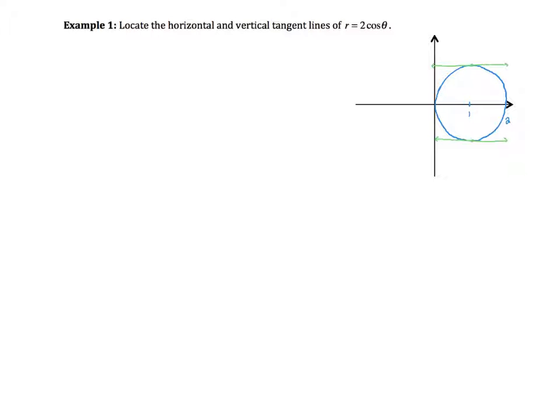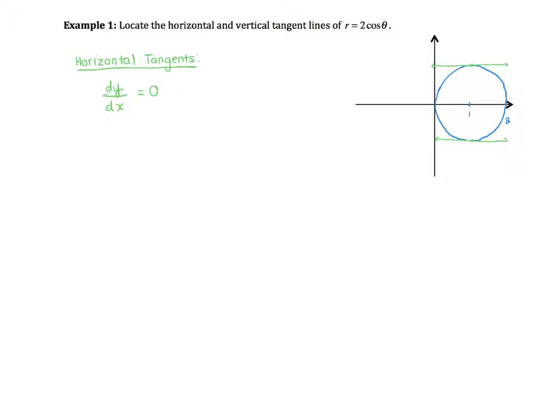Okay, so in order to do this analytically, we'll need to ask, if we have horizontal tangent lines, what does that mean? Well, if your tangent line is horizontal, that means that your slope is 0. So in other words, the slope of the tangent line, dy dx, is equal to 0.